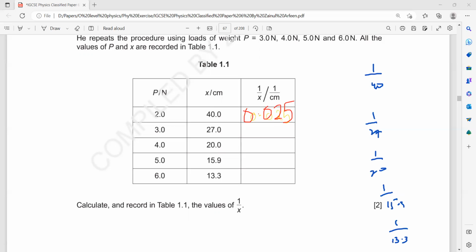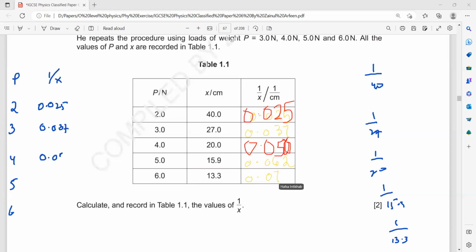Like for example, if the first value is 3 decimal places, the second should also be 3. So these are the values for 1 over X.